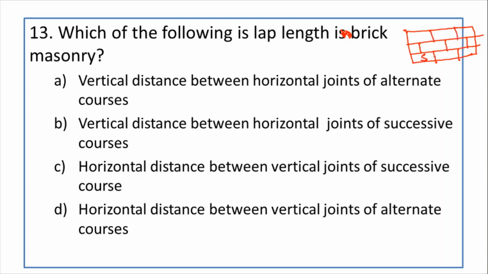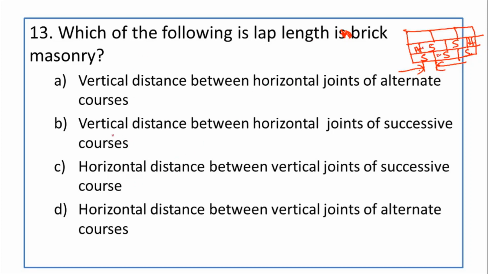This is the stretcher, header, header, stretcher, stretcher, header. So we never allow the vertical joints of successive courses to be in the same line. Instead, we maintain some horizontal distance between them. This horizontal distance between vertical joints of successive courses is called lap length.